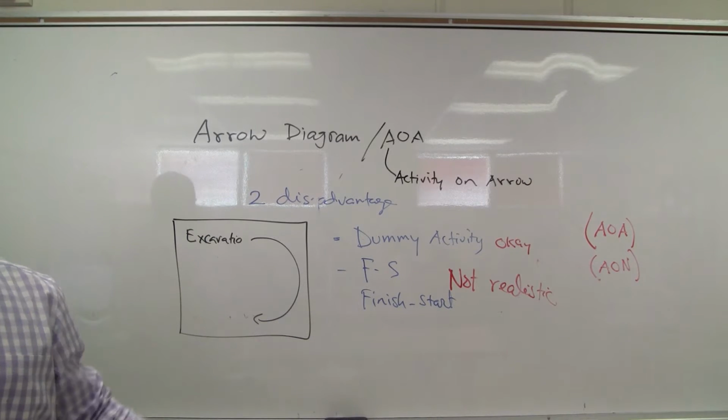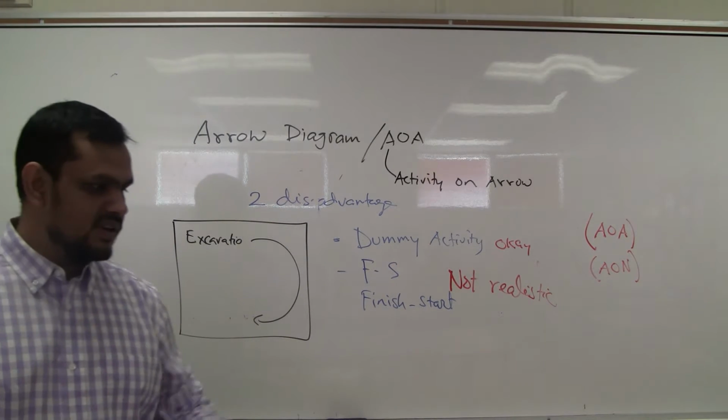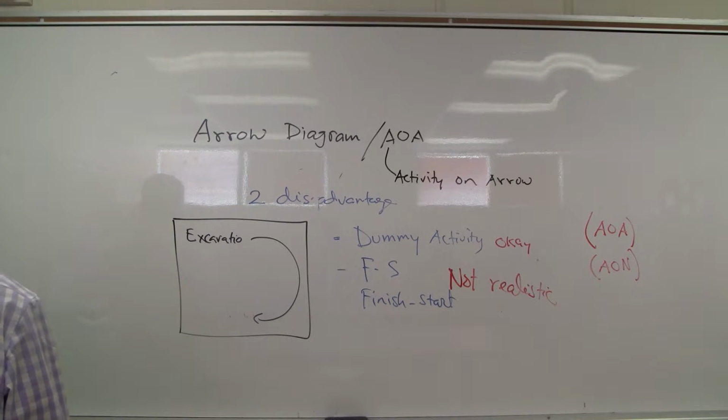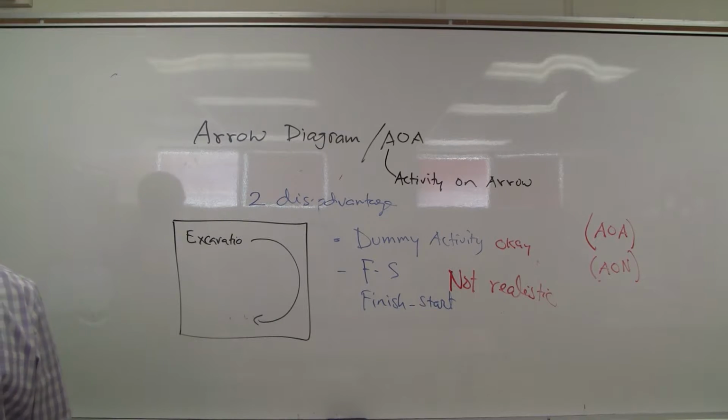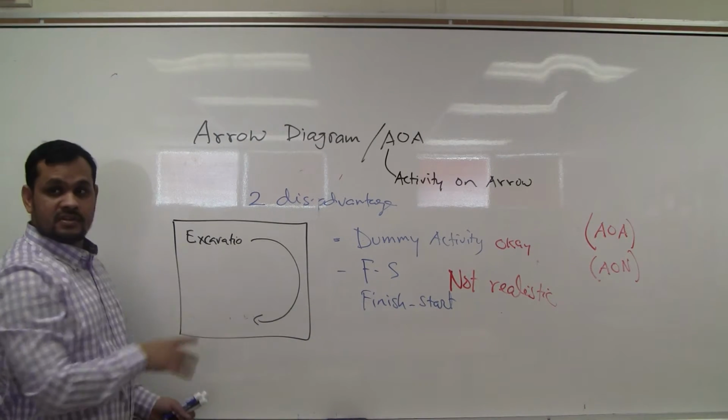But finish, start is not realistic. In a big project, we work parallelly. Somebody is doing excavation, somebody is doing cleaning, somebody is applying formwork, somebody is pouring, somewhere we are curing. So it continues, yes? So we cannot do it here. So we do not use it.